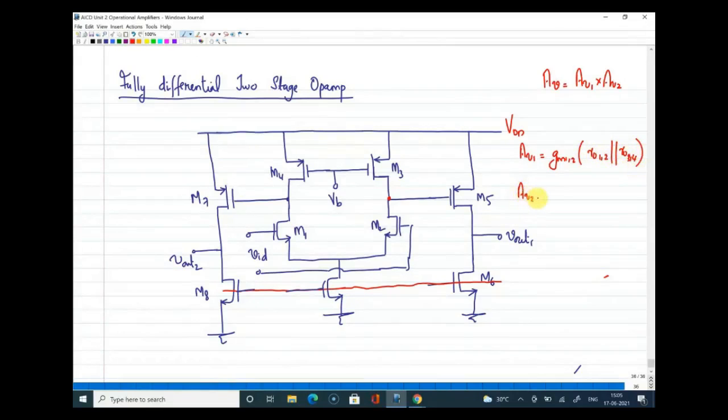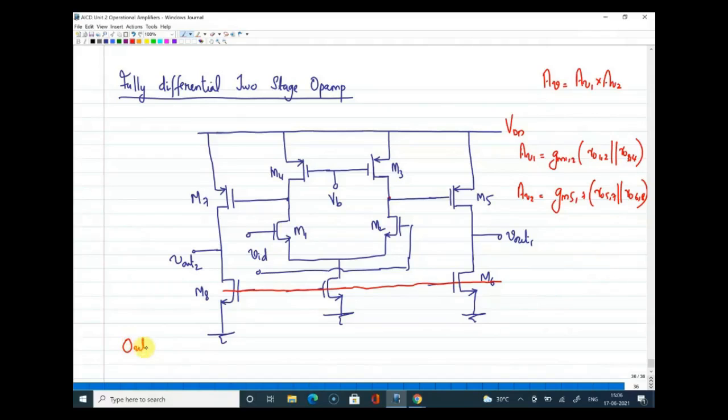The gain of the second stage is equal to gm5,7 into ro5,7 parallel to ro6,8. This is the voltage gain of the second stage. So the combined voltage gain will be AV1 into AV2, which will be definitely quite a large value.